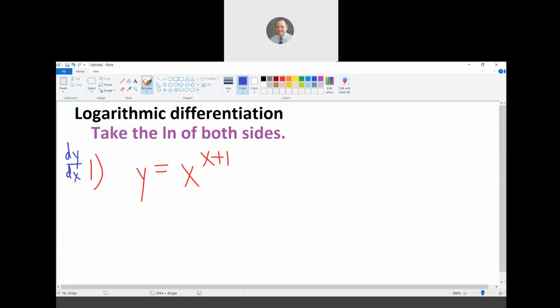The first step, take the natural log of both sides. Now, before we take the derivative of both sides, use your exponent law from natural logs to move the x plus 1 to the front. So that would give us x plus 1 times natural log of x.